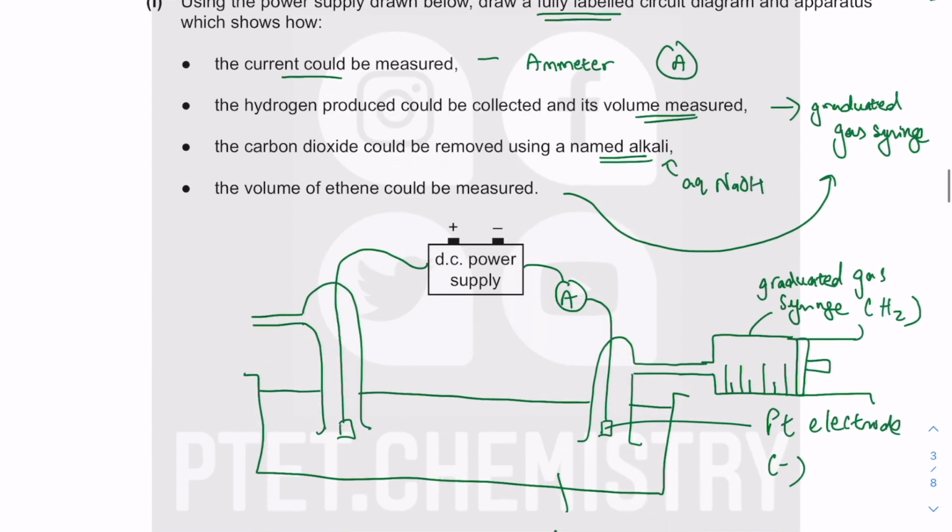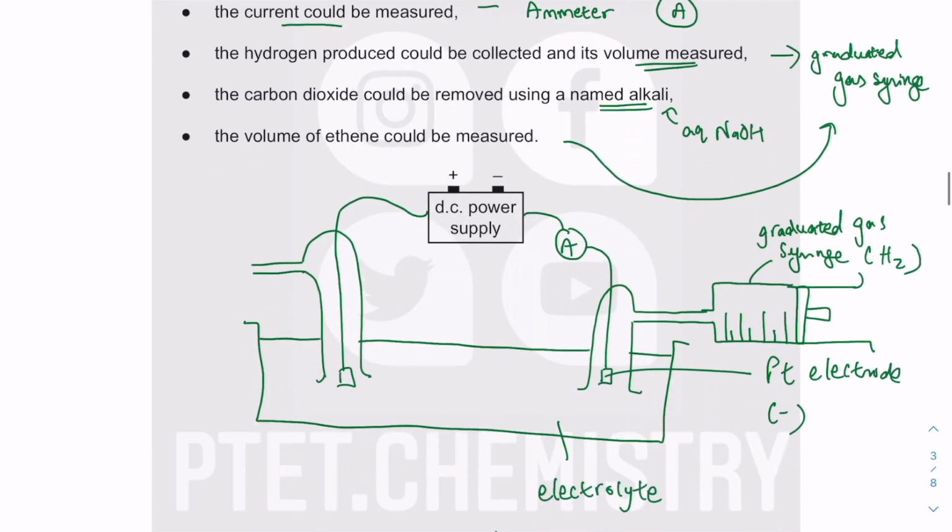All right. What else do I need? On the other side, I will have ethene and carbon dioxide being produced, and I need a setup that will enable me to pass the gas through. So I want to pass it inside.